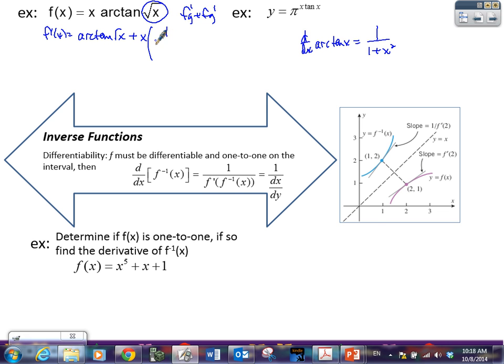That's going to be 1 over 1 plus, I'm going to open up that place where the x is, and insert square root of x, or whatever happens to be in the argument, whatever they give to you, that's where you're going to put it. And then, and I'll simplify it in just a moment, my next step would be to multiply by the derivative of the inside.